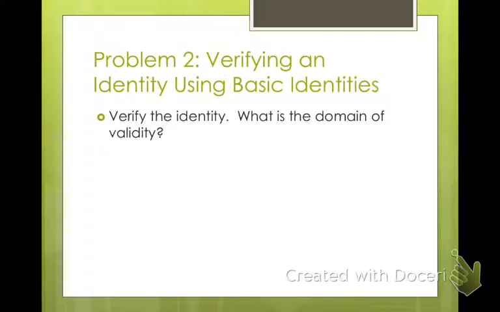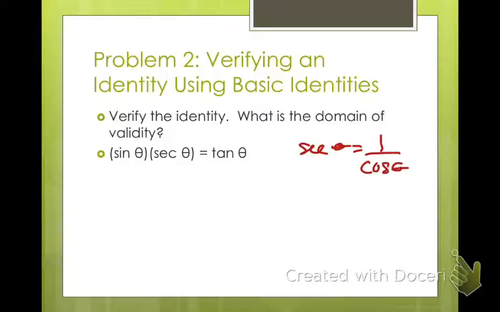So to verify the identity, we're going to do some algebra. For verifying this identity, we need to rewrite this equation. We have sine theta and we have secant theta. Well, secant theta is 1 over cosine theta. So if we multiply both sides of the equation by 1 over cosine theta, these are going to cancel.